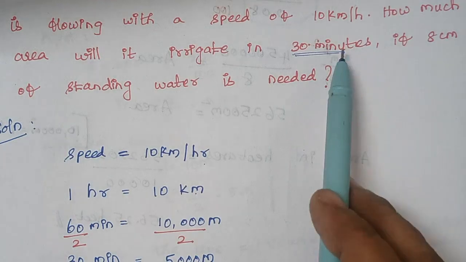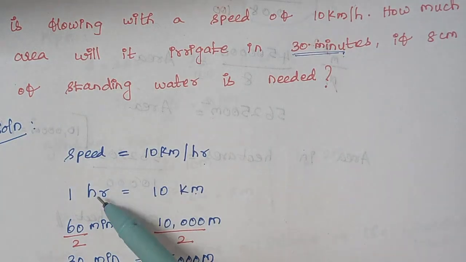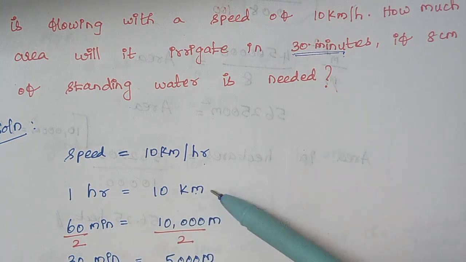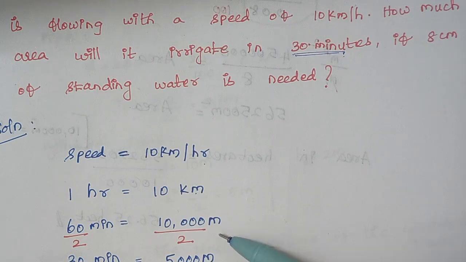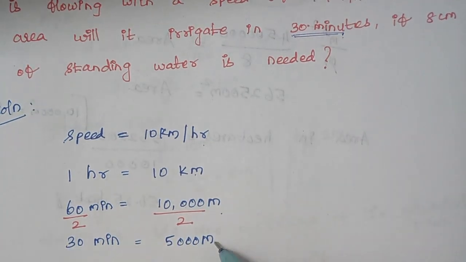So, I need only for 30 minutes. So 1 hour is nothing but 60 minutes, but I want 30 minutes. So, how to get 30? Just divide it by 2. So, when you divide both sides by 2, and you see I had converted this kilometer to meter, so, obviously I am dividing this by 2. So, 30 minutes is equal to 5000 meter.